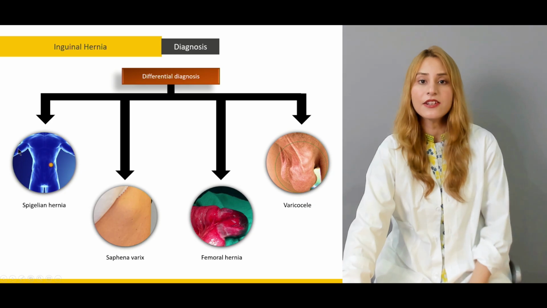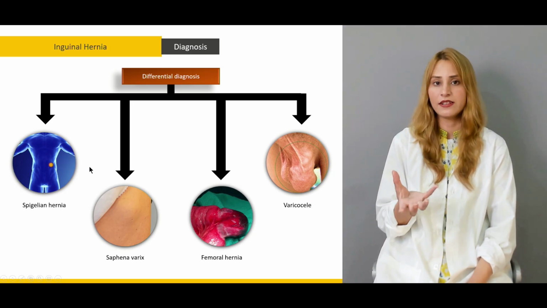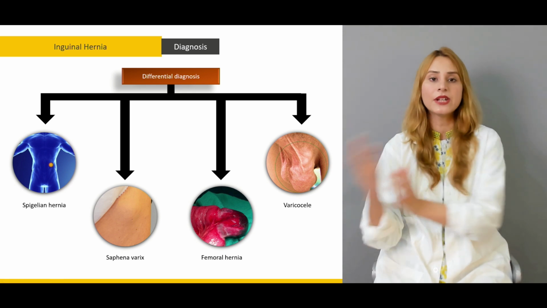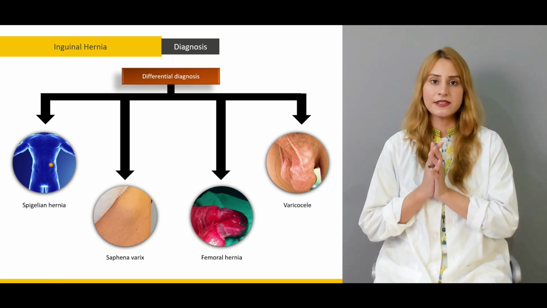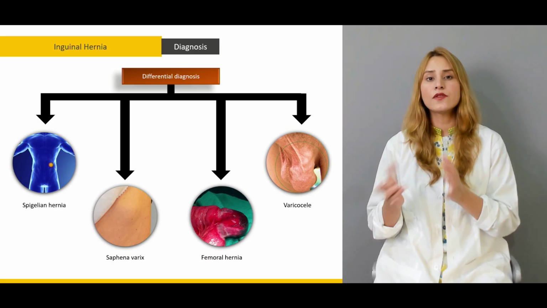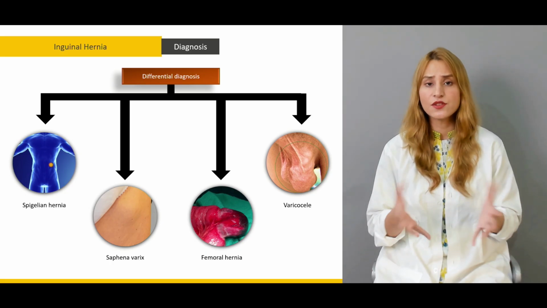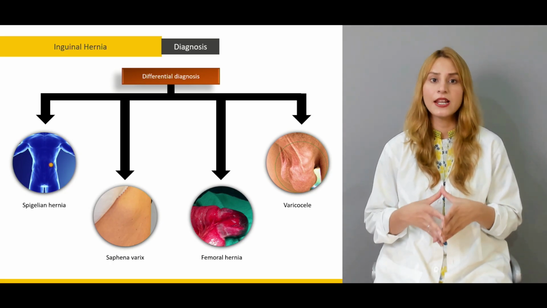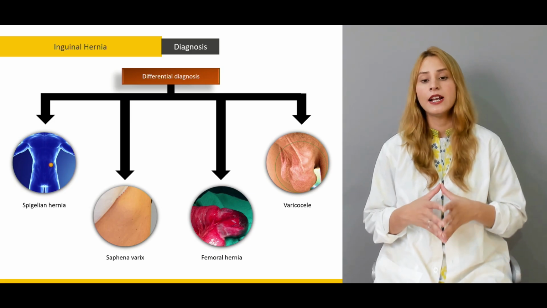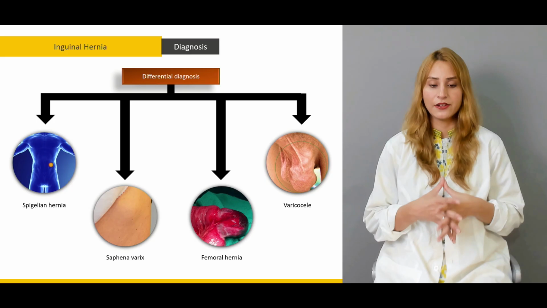The hernia comes from the spigelian fascia, but it is located lateral to the rectus muscle or rectus sheath. So that's a spigelian hernia. If a patient comes to you complaining of a swelling in the groin region, the differential diagnosis should include a spigelian hernia.